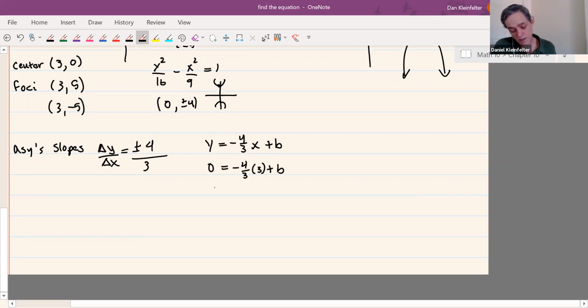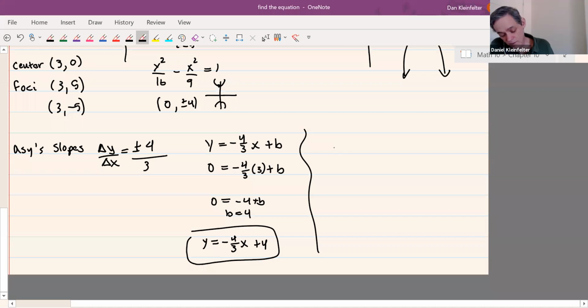So we'll use that to help us solve for b. So b will have to be 4. Then one asymptote will be y equals -4/3 x plus 4.